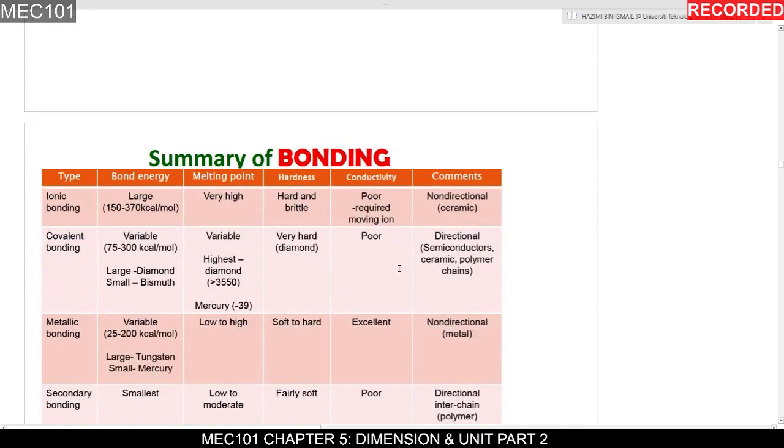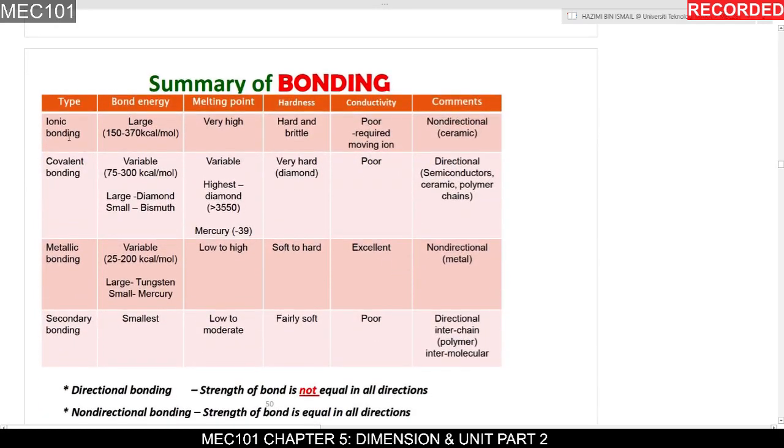Summary of the bonding. Ionic bonding has very large bond energy, so you have to put in a lot of energy to break down the ionic bonding. The melting point is very high. It is very hard, but the conductivity is very poor.